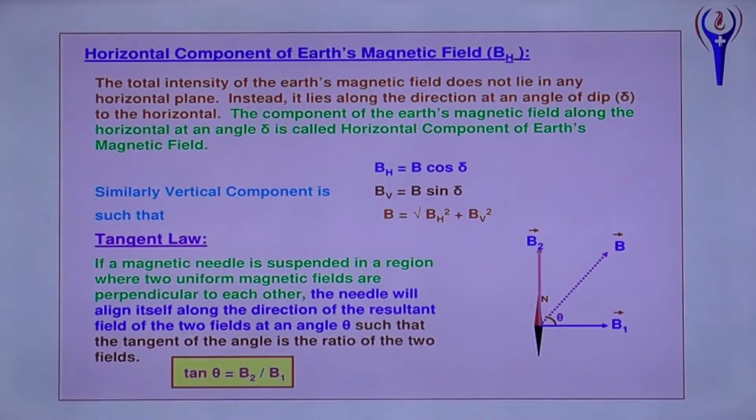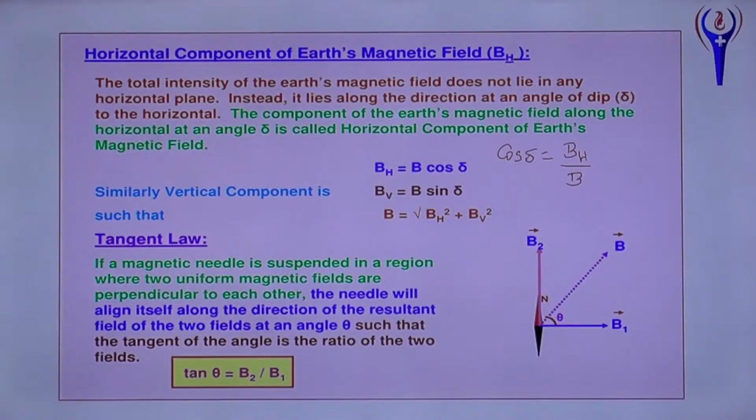Actually, cos delta equals BH by B. Then BH equals B cos delta.